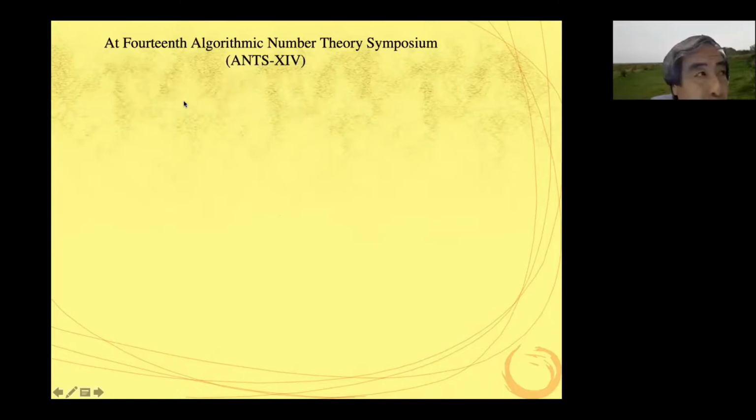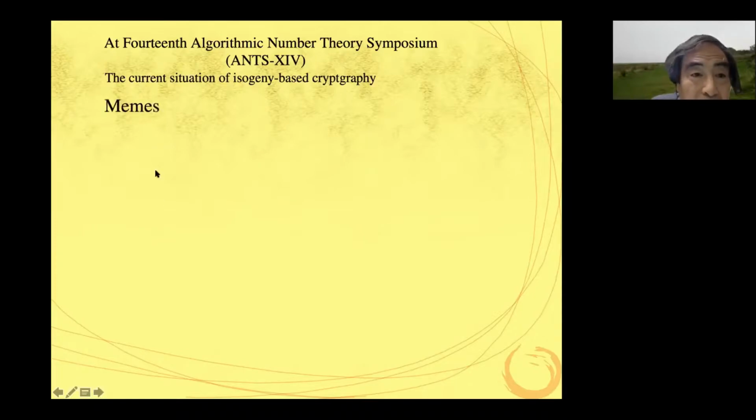At the end of this June, there was a conference on cryptography, which is ANTS 14. And there, they explained the current situation of isogeny-based cryptography. And they showed some memes.